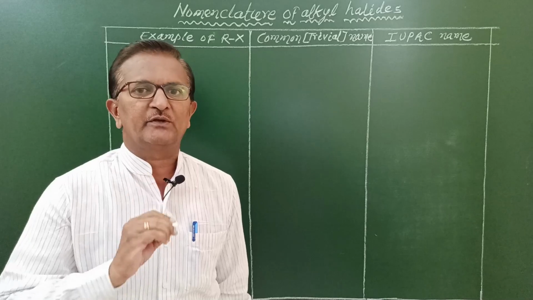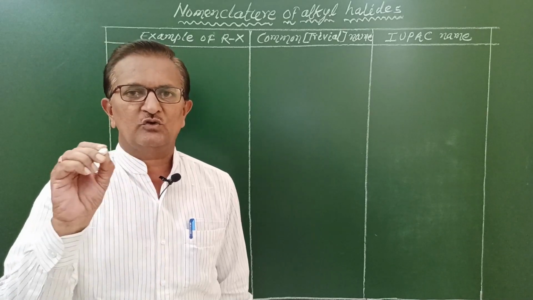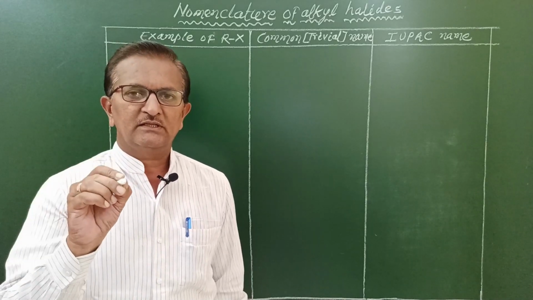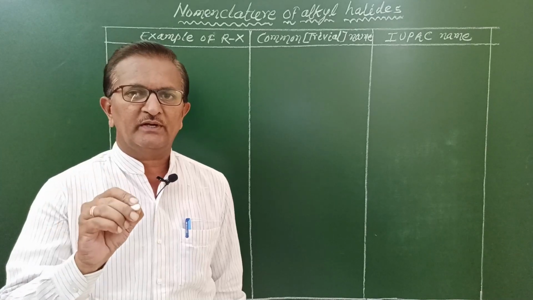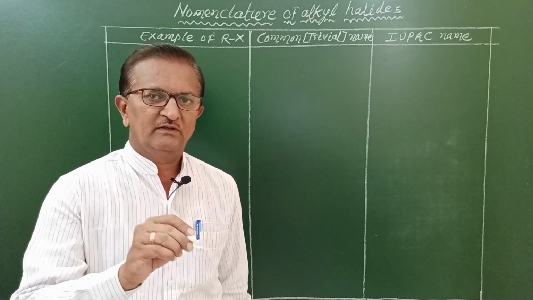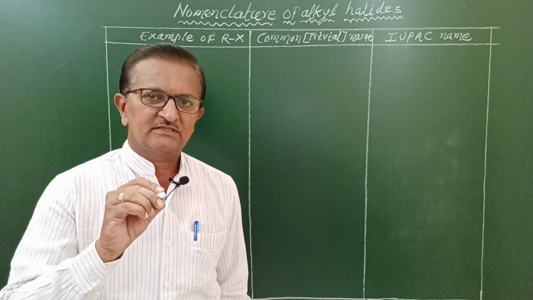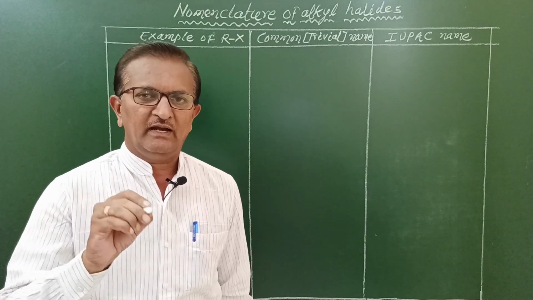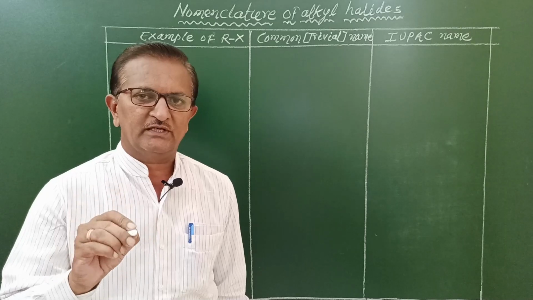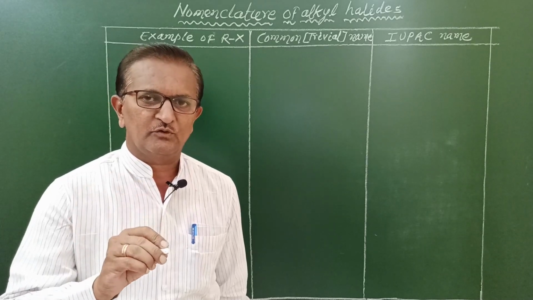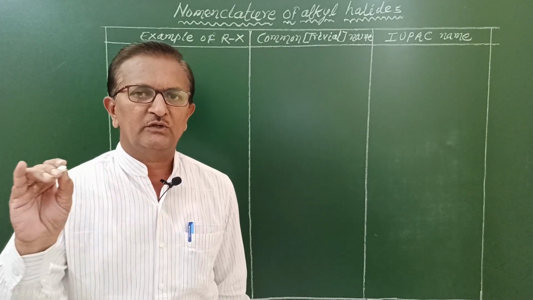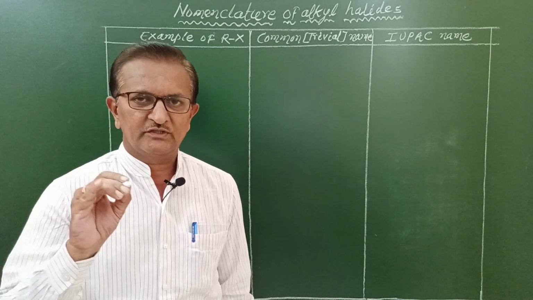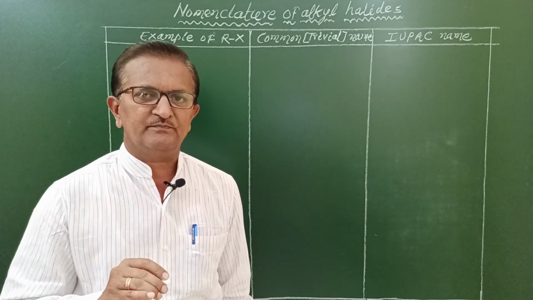IUPAC is an abbreviation, and its long form is International Union of Pure and Applied Chemistry. Friends, this system was established in 1919 and is used for the nomenclature of organic compounds all over the world. Therefore, this is a very important system.